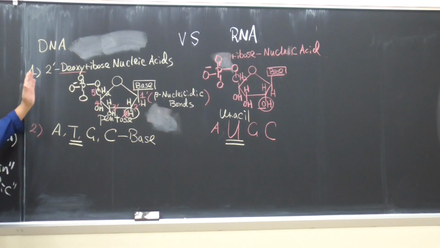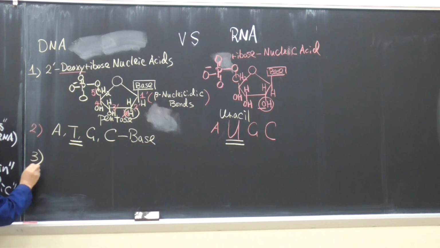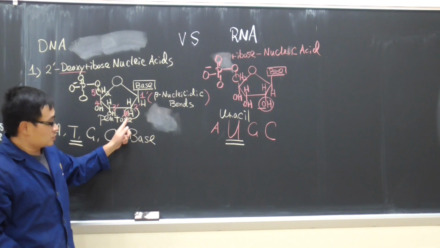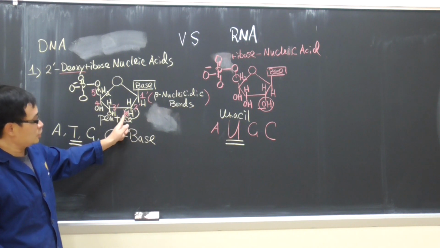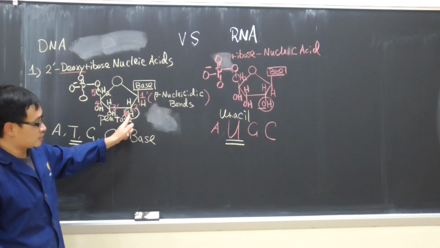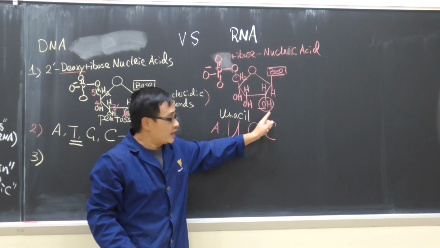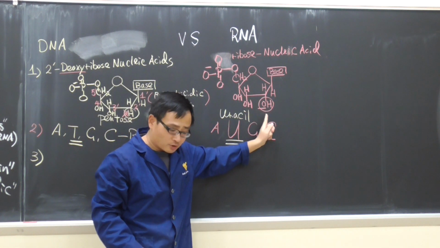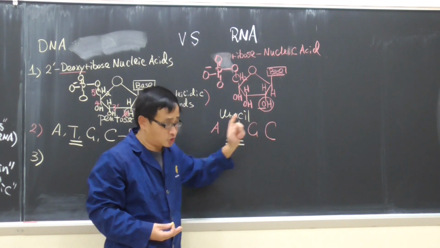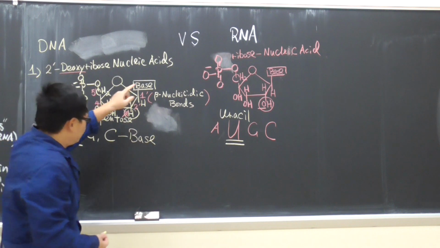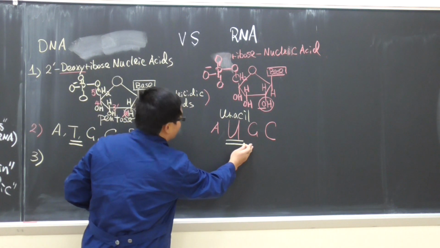Okay? Number 3. We mentioned for DNA, deoxyribose right here. For RNA, this O is there, and this is not very stable. It gives you a feeling that something is going to happen for the reaction. And look at the base: you have T in DNA, U for RNA.